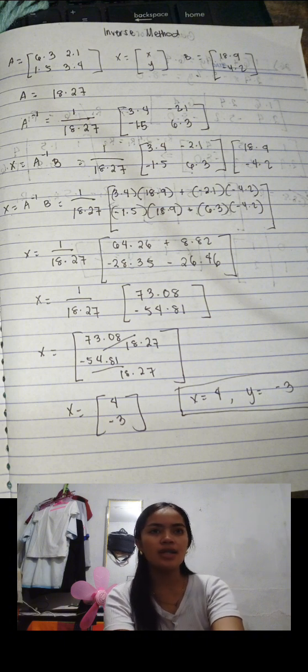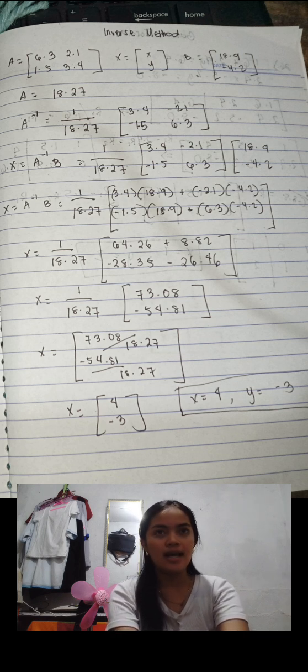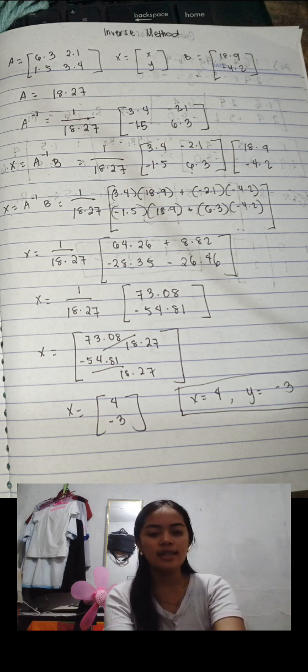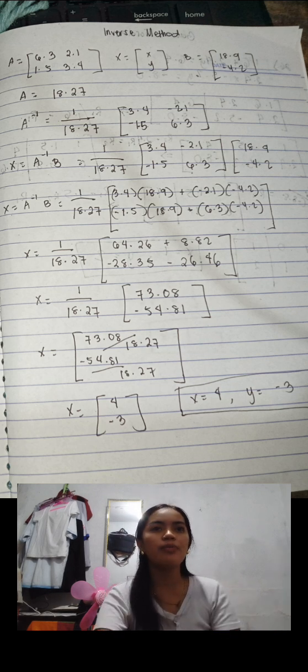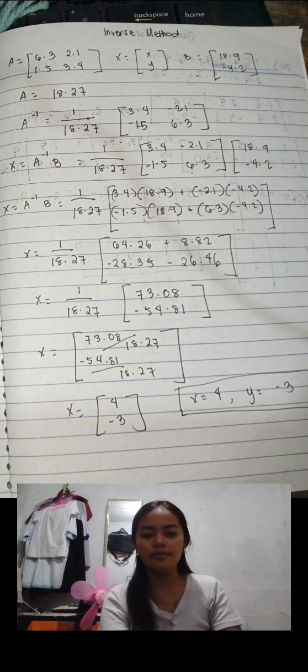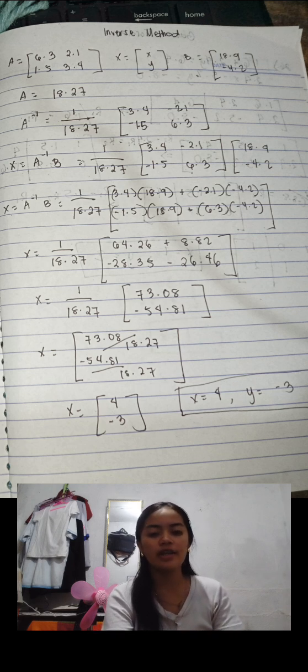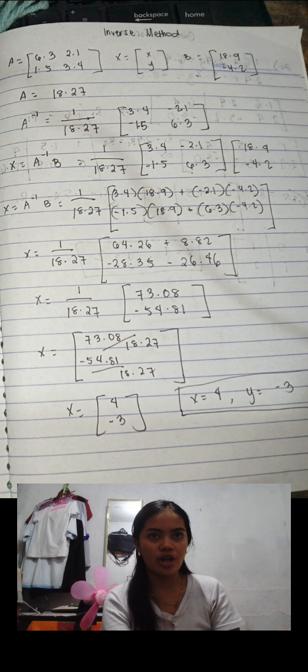In writing this, instead of writing the matrix as A, B, C, D, we write it as D, negative B, negative C, A. That's why we have 3.4, negative 2.1, negative 1.5, and 6.3. After calculating the inverse of A, we perform a matrix multiplication.